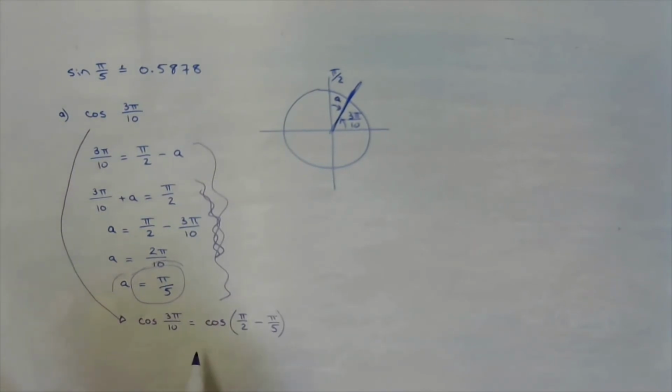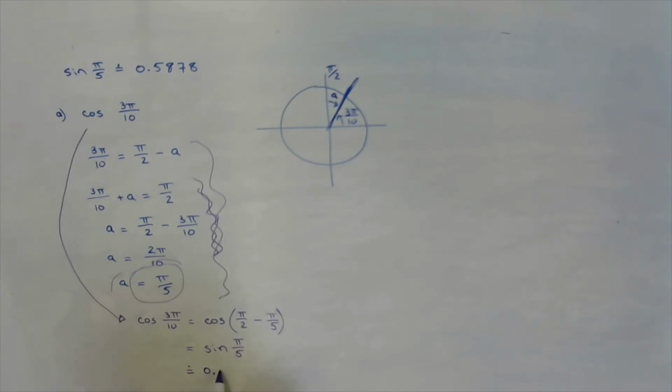Okay, so now we look at our correlated angles, our identities that we took our notes on, and we find out that the cos of pi over 2 minus a is just equal to the sine of a. In this case, the sine of pi over 5. And we're told that the sine of pi over 5 is approximately 0.5878. Okay?